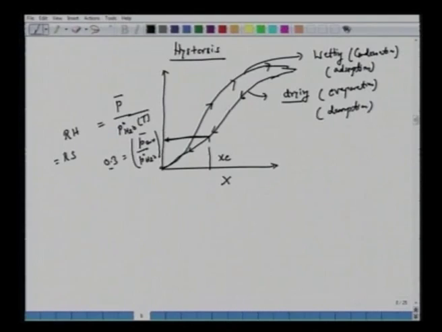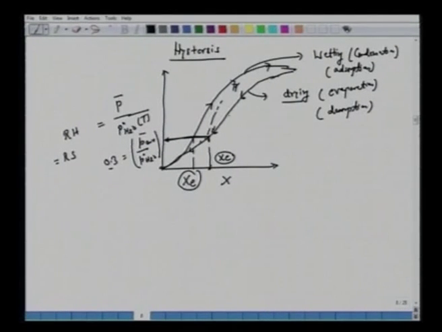So what is the significance here? If you have a solid which has been dried to this level of P air, with this equilibrium concentration, no matter how long you wait, the concentration is not going to go below this. But when you want to wet, it is not going to follow this path. Now it has a different path to follow. For the same quality of air, look at this equilibrium concentration, now it is different.